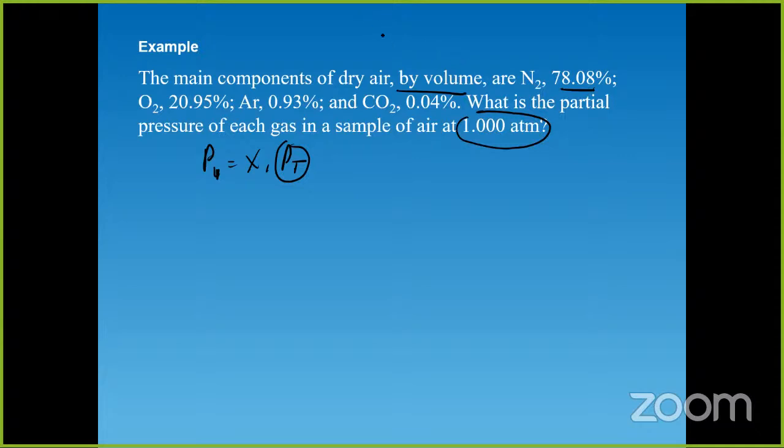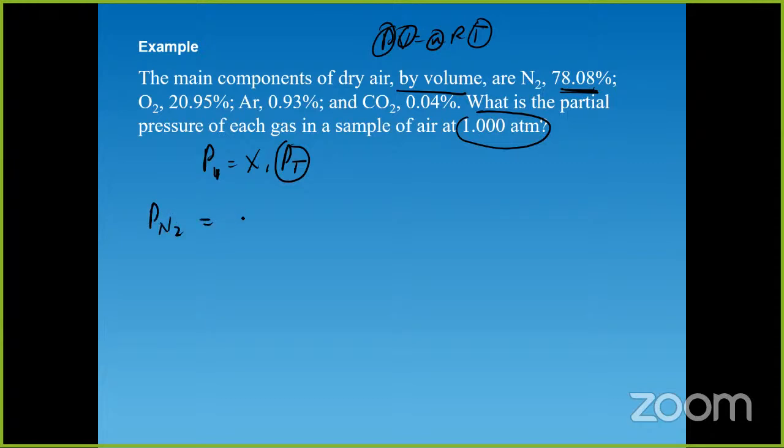Because PV is equal to nRT, if the pressure is constant and the temperature is constant, then the number of moles is proportional to the volume. So we can use these numbers to represent the partial pressures. We can do the calculation for nitrogen gas.